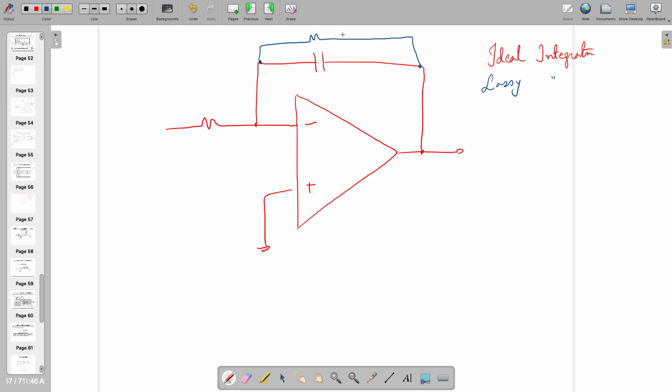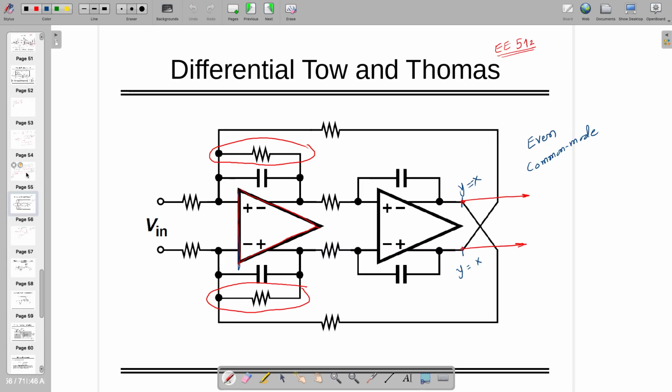Of course, the capacitor has to charge, but if there is a resistance in parallel, it will pull out all the charges, right? So it's a bad thing. We don't want such a thing, but still it is there. You cannot avoid it. This is a parasitic, and Toe and Thomas has drawn parasitic resistance. These are not real resistances, right?